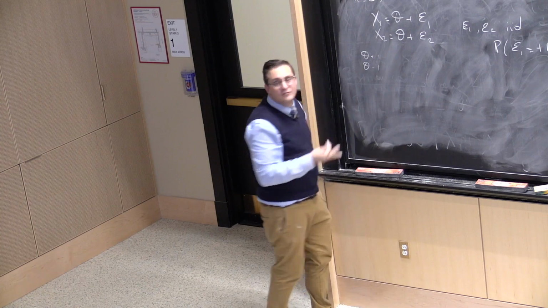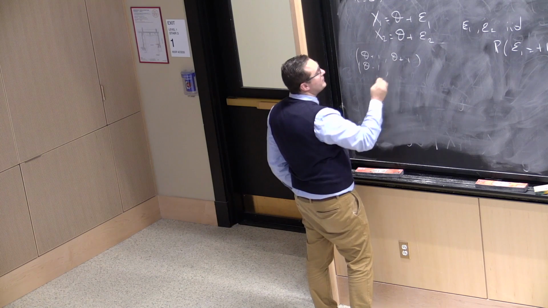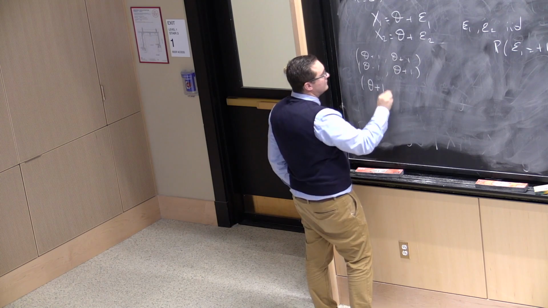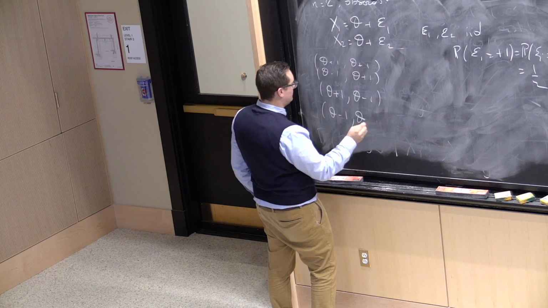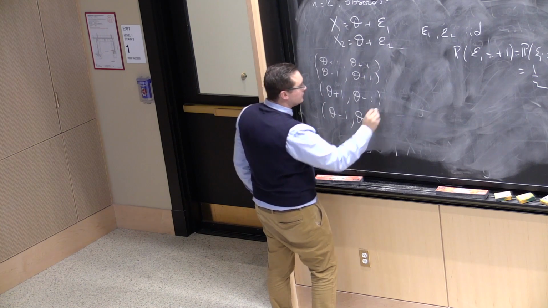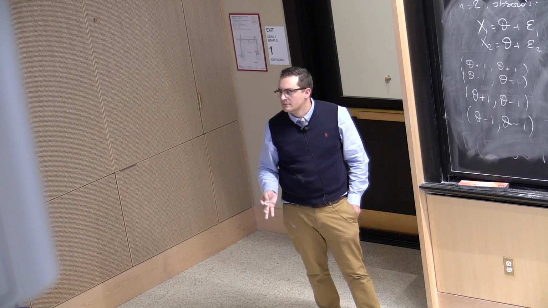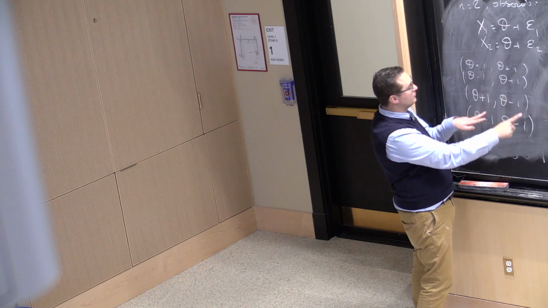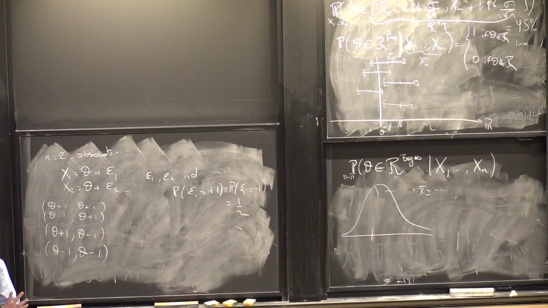And actually, I can get 4 different pairs of observations. Either they're both equal to plus 1, both equal to minus 1, or one of the two is equal to plus 1 and the other one to minus 1 for the epsilons. Those are the 4 observations I can get.